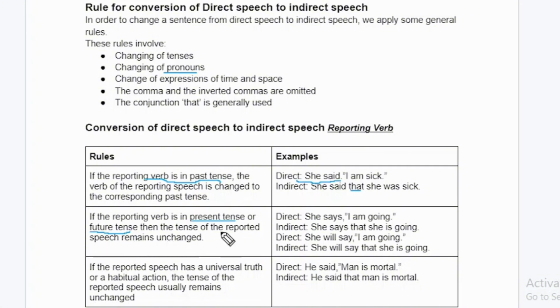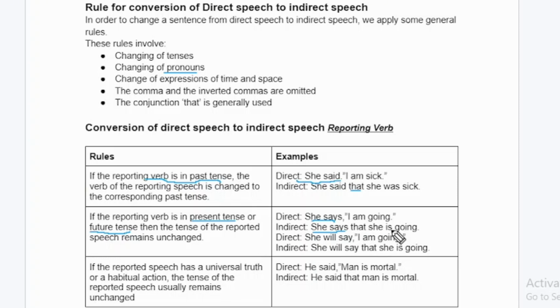So we will not change this reported speech. Look at "she says." What we did, we did the same thing: she says, and she says. We just add "that." And "I am going" becomes "she is going." I is converted into she, and am is converted into is, and going stays.